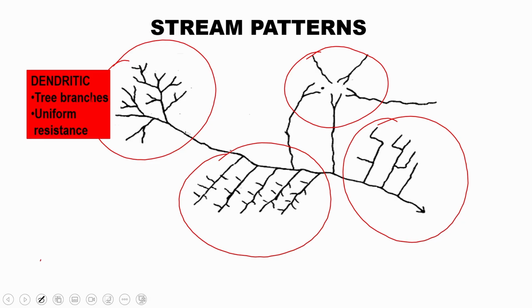The first one and the most common one is the dendritic pattern. The word dendritic is taken from dendra, which is a Latin word, which means shaped like a tree. So by definition, this is shaped like tree branches. And this happens over rocks of uniform resistance. Now, how do you define what you see?